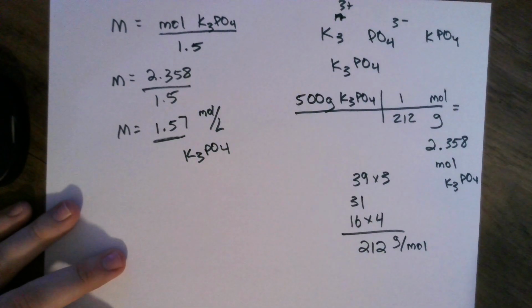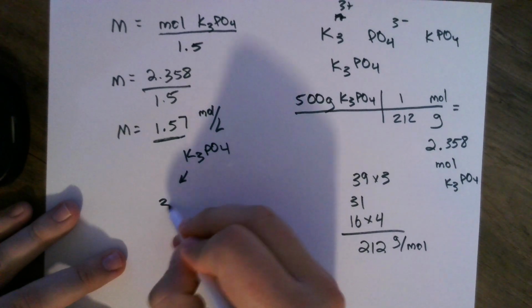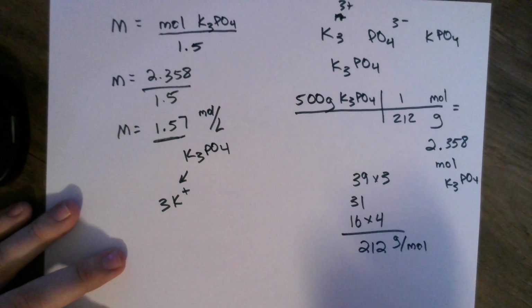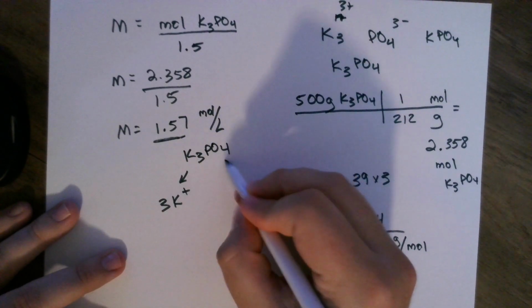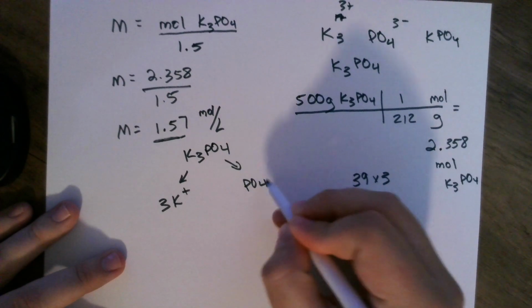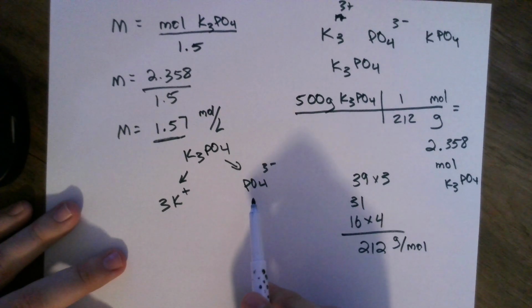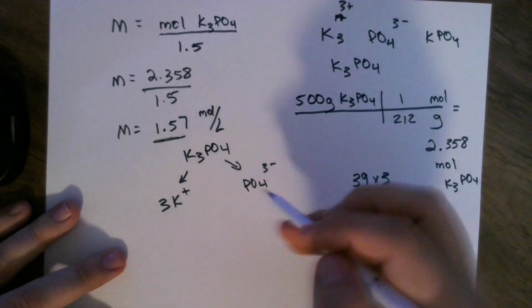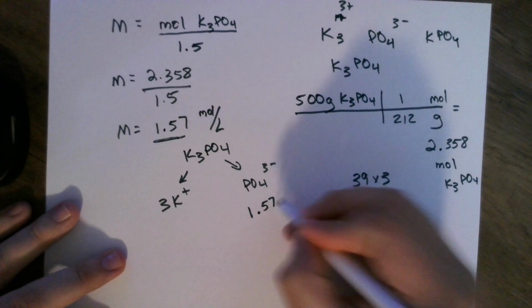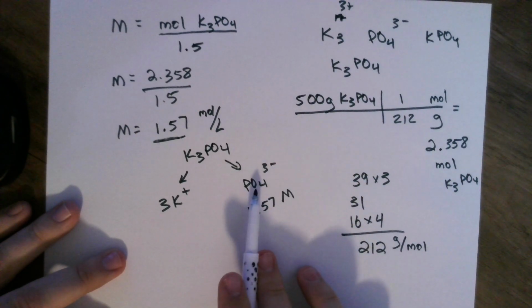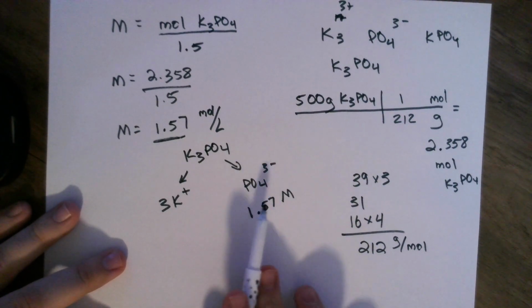But if I put this in water, it'll split into 3 K pluses, because there's 3 here, and then 1 PO4 3 minus. The molarity of my PO4 3 minus, because there's only 1 of them being made, is equal to this 1.57 molar. Because 1 of these makes 1 of these.